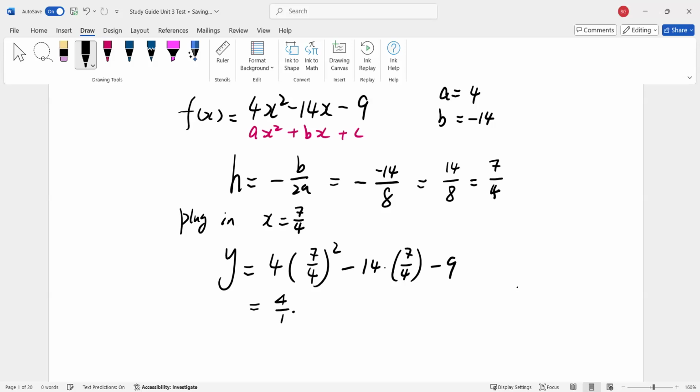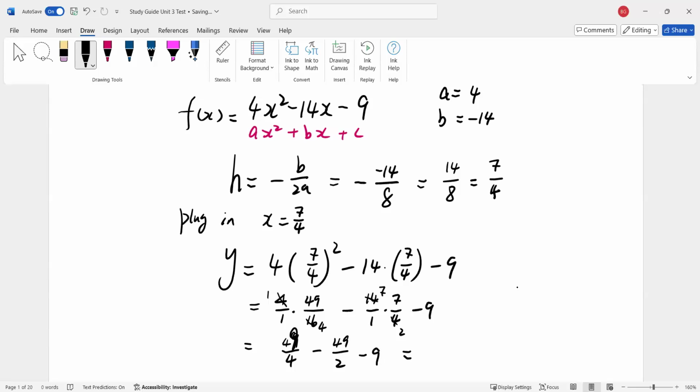So 4 is 4 over 1, 7 over 4 squared is 49 over 16, minus 14 over 1 times 7 over 4, minus 9. The 4 cancels, this 16 becomes 4, so 49 over 4. This becomes 2, this becomes 7, so minus 49 over 2, and then minus 9.